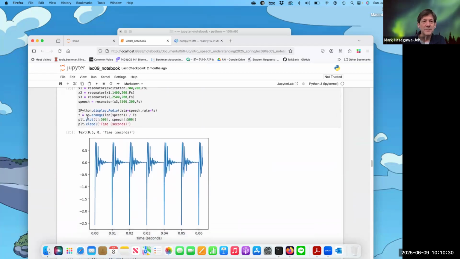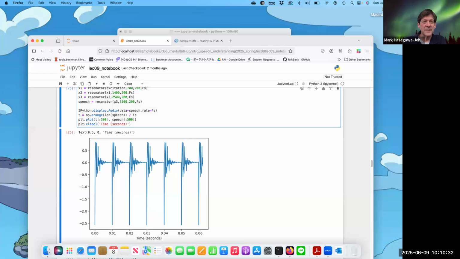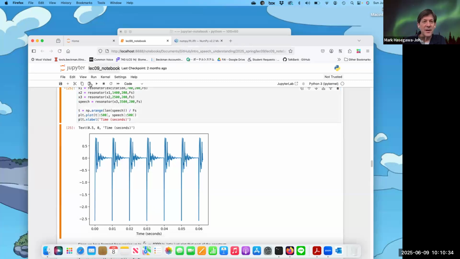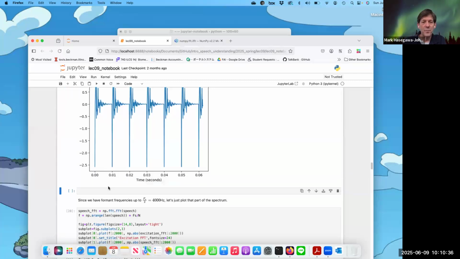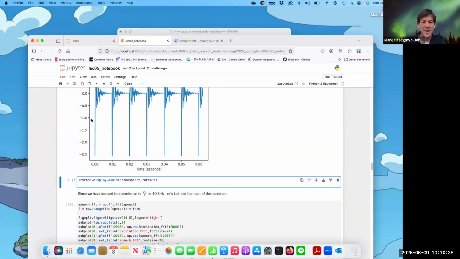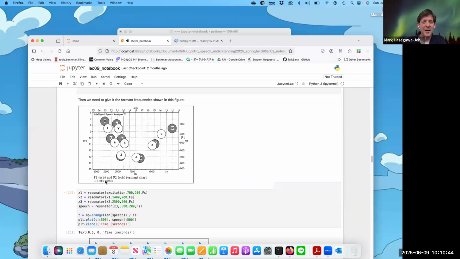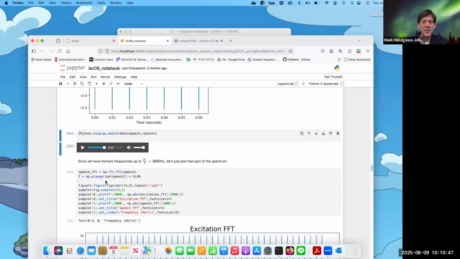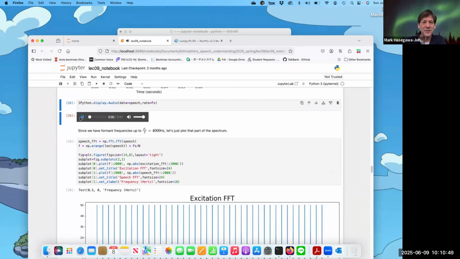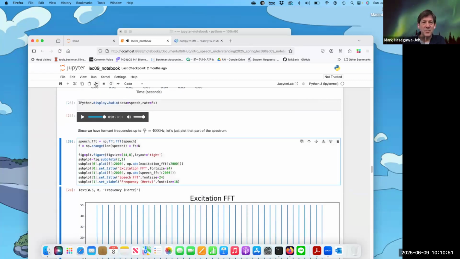Can I play it? Let me take this IPython. I'm curious to hear how that sounds. So let me add another window here where I listen to see how it sounds. Still sounds like an ah. Changing all of the bandwidths didn't change the sound very much. Let's see what the spectrum looks like.